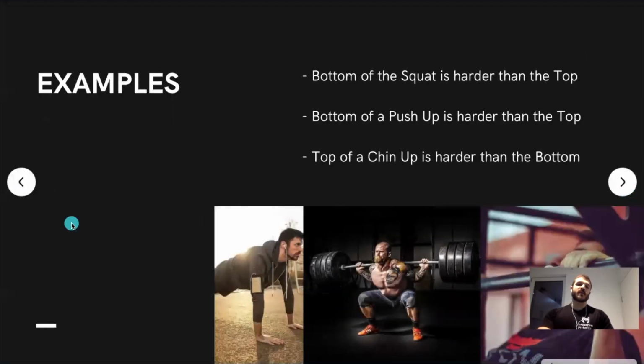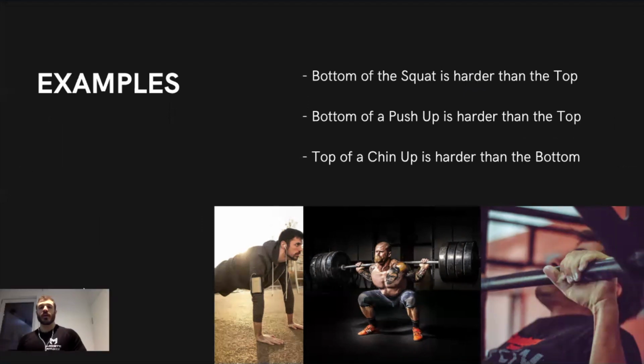So, for example, as I said, the bottom of the squat is harder than the top, right? So if you only perform the top half of a squat, you're not really getting the max benefit from it, right? And the bottom of a push-up, again, is harder than the top of a push-up. So same thing here, if you're only doing the top half of the movement, it's not going to get the same benefits, the same results.